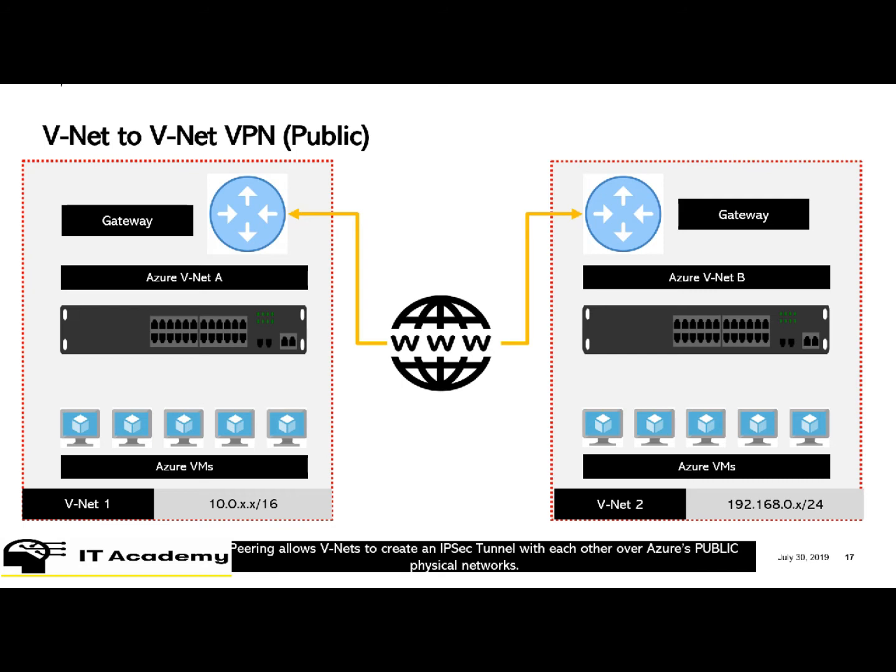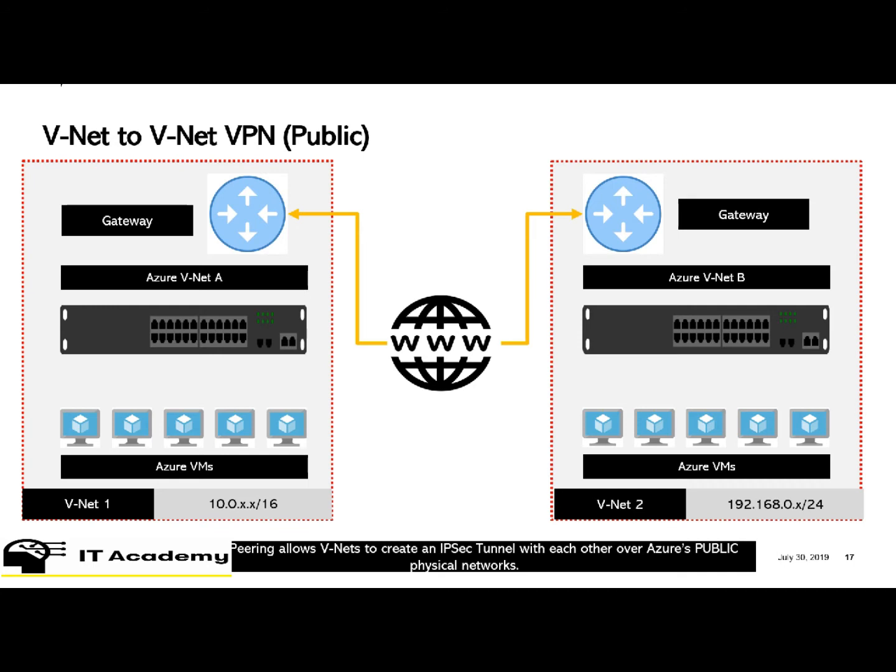Now that traffic will actually flow through Azure's edge network, so the assumption is it's using a public connection. Therefore it uses IPsec to encrypt that tunnel, and it uses Internet Key Exchange to authenticate the connection when it creates the tunnel. Once that's in place, my Azure VMs can communicate with one another.